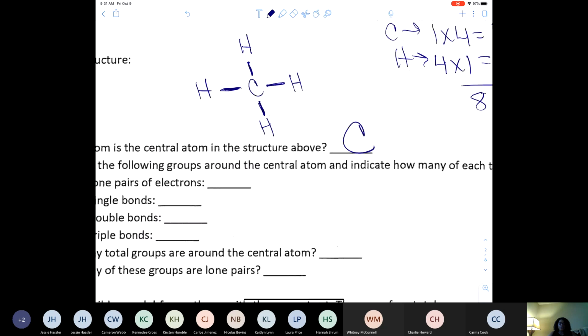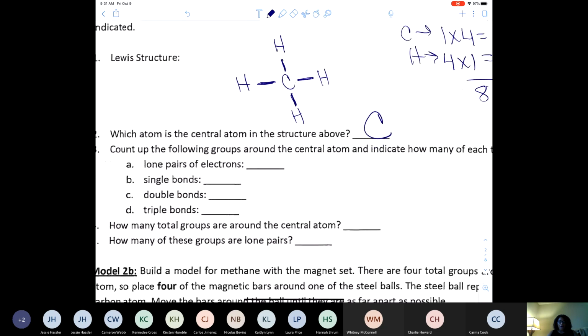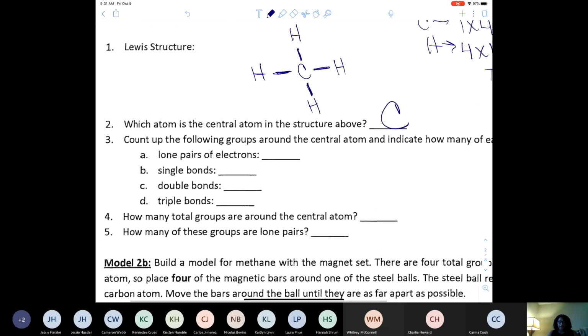We connected that central carbon atom to the 4 outside hydrogen atoms with a single bond between that central carbon and each of the 4 outside hydrogen atoms. Notice there are not any lone pairs of electrons around the central carbon atom. But we have 1, 2, 3, 4 single bonds around that central carbon, and 0 double bonds and 0 triple bonds.